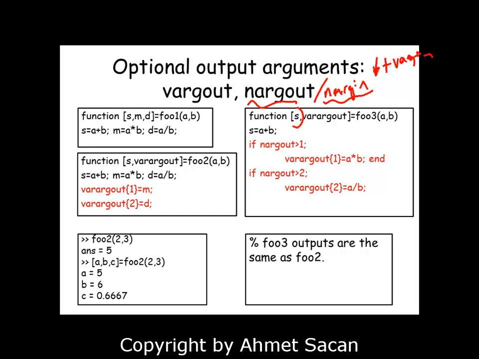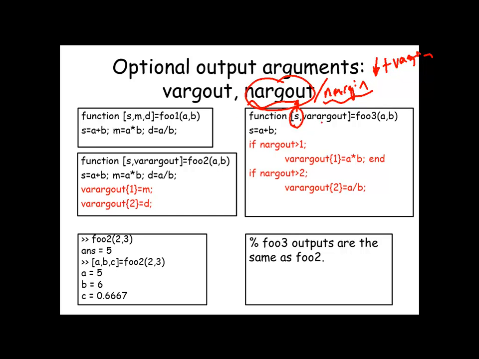So here s will not be counted toward nargout, and only the output arguments captured after this variable s will be counted toward nargout. So if you are capturing 2 output arguments, s and m, then nargout will be 1.